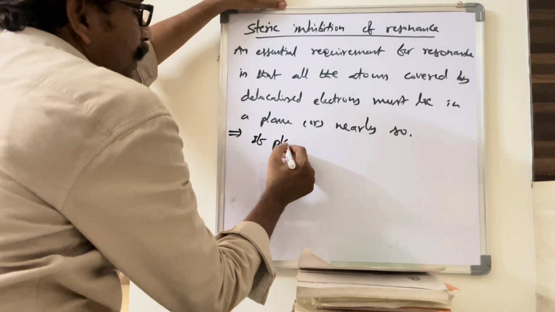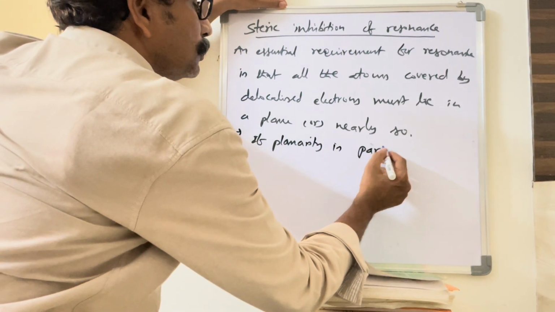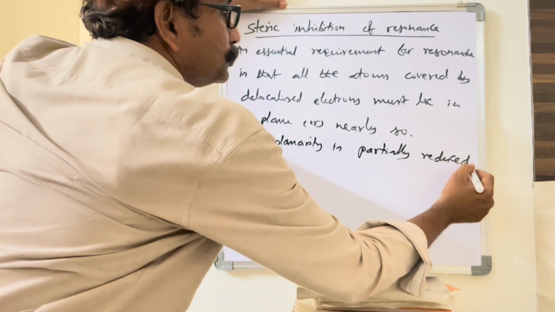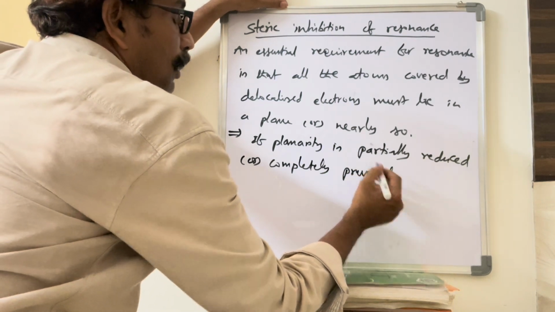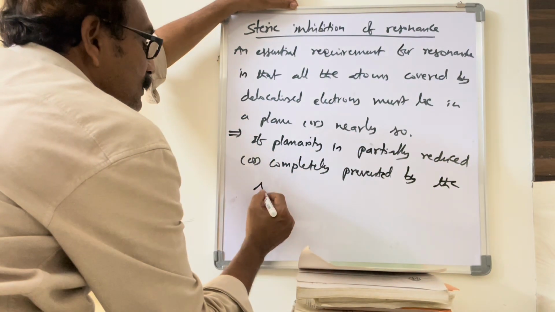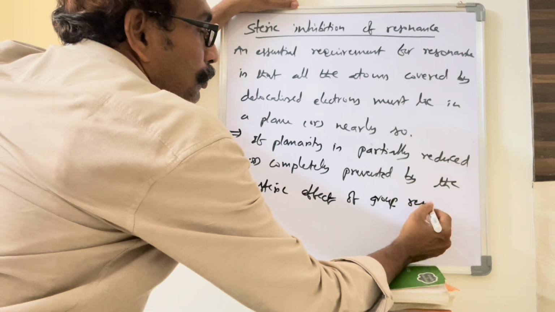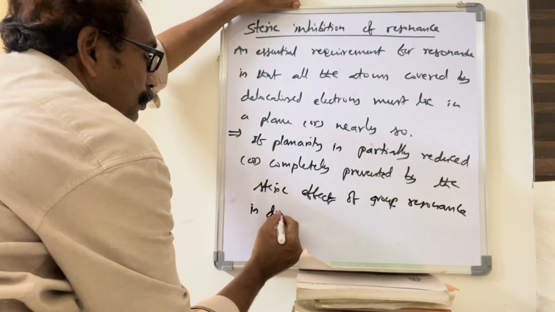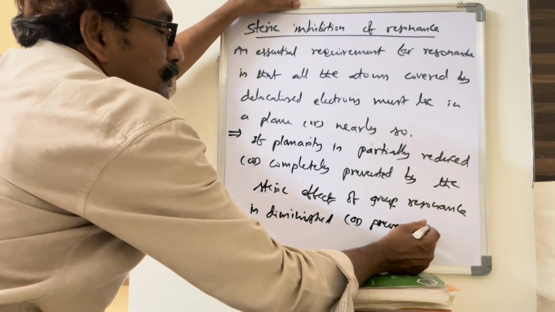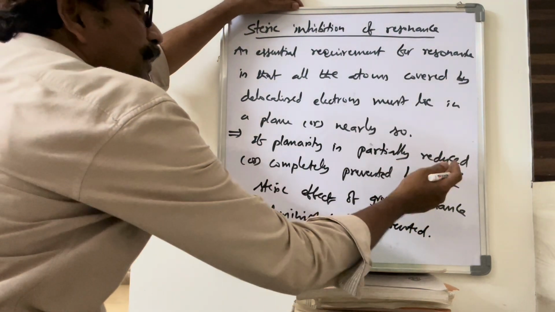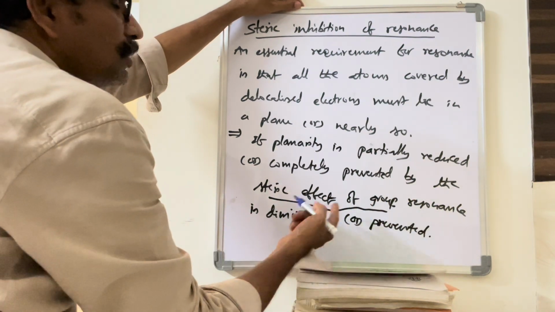If planarity is absent, partially reduced, or completely prevented by the steric effect of a group, resonance is diminished or prevented.